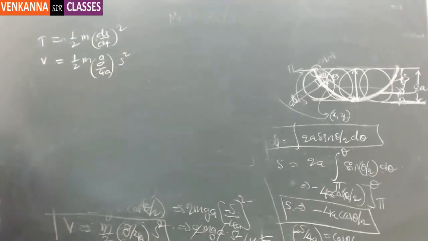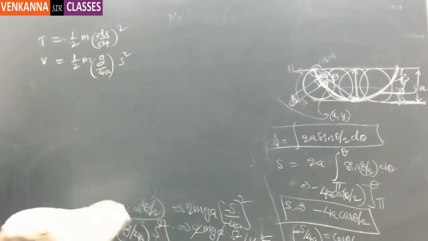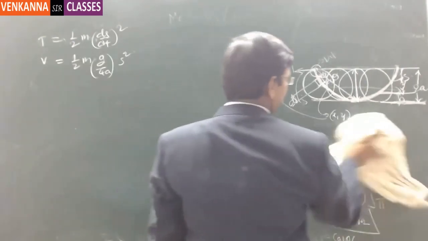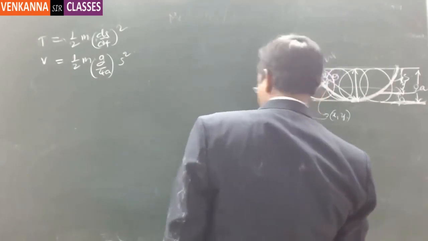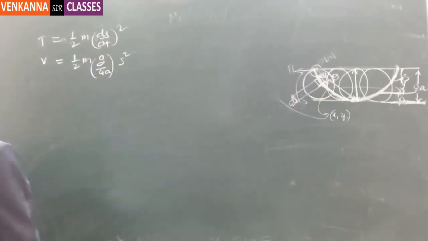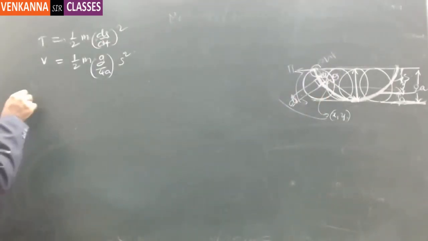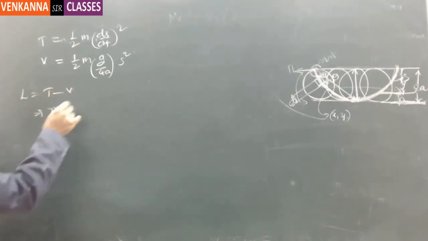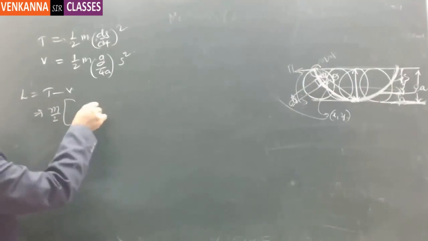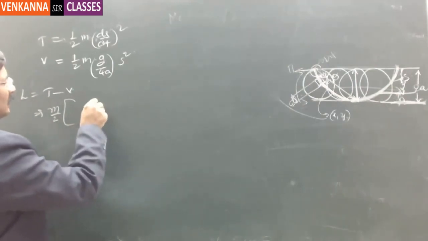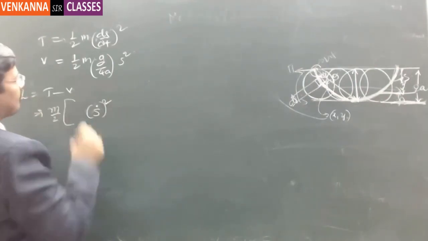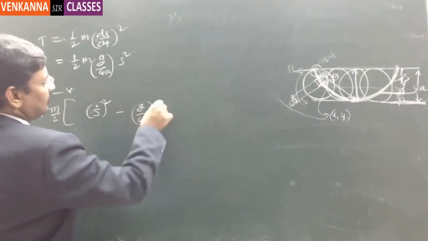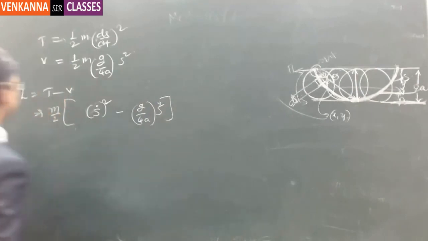Now from this, the Lagrangian L is equal to T minus V. So this is m by 2 if you take it out, then s dot whole square minus g by 4a times s square. So this is the Lagrangian.